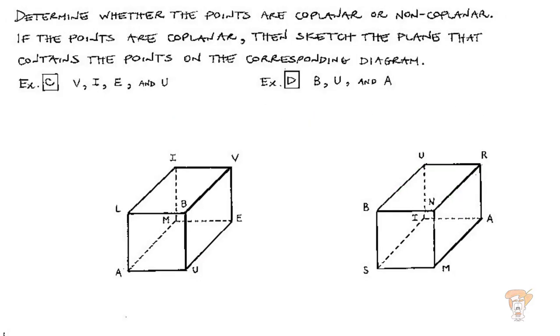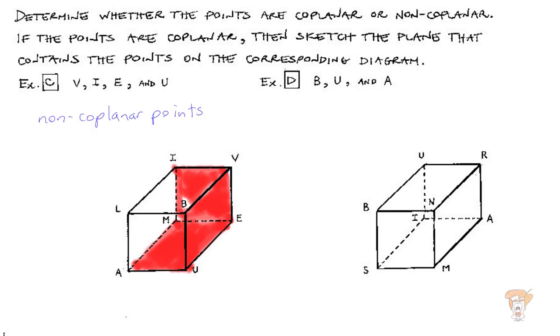In example C, V, I, E, and U cannot be contained by a flat surface. The surface would have to bend so that it could contain U. Therefore, V, I, E, and U are non-coplanar points.